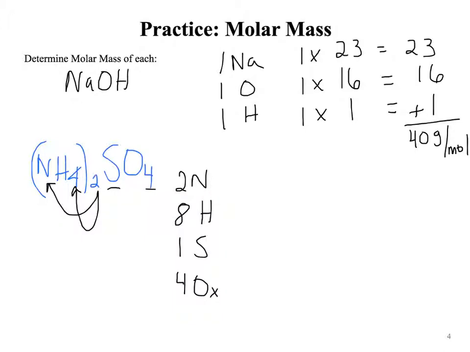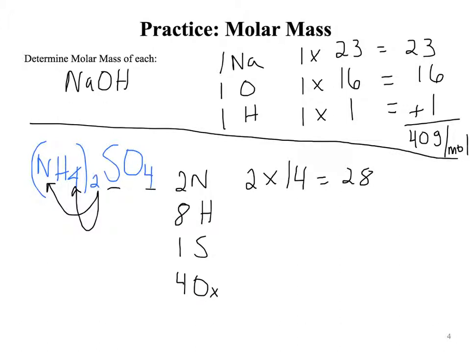So now for nitrogen, we have 2 times the molar mass for nitrogen, which is 14, and that gives you 28. The molar mass for hydrogen is 1. The molar mass for sulfur is 32.